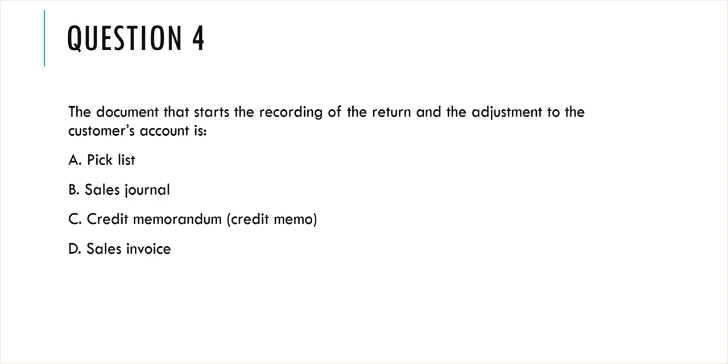Instead of a bill of lading, which is a shipping document, you have a receiving document or receiving report. And instead of a sales invoice, you have a credit memo. So it's important that you understand that the sales return, again, is the opposite of the sale itself.